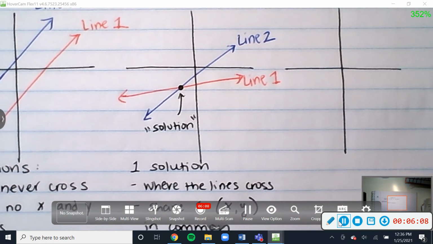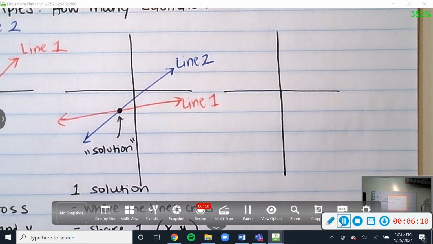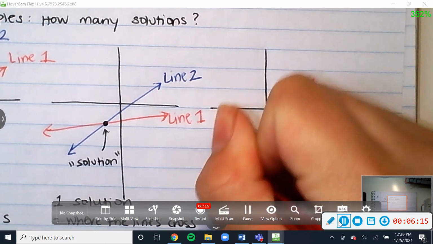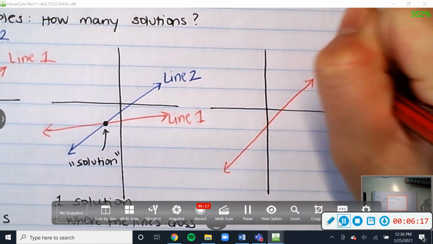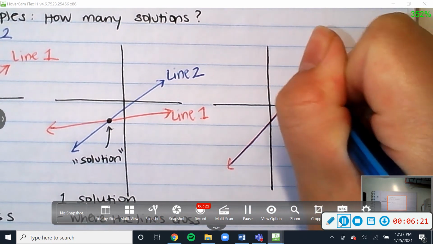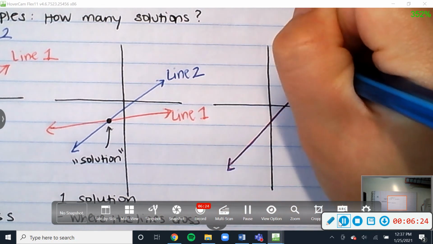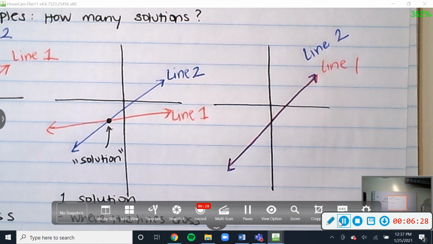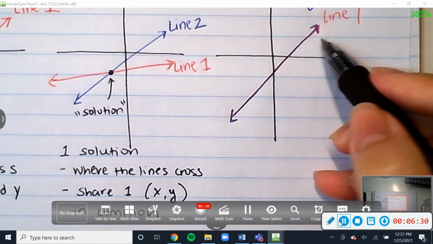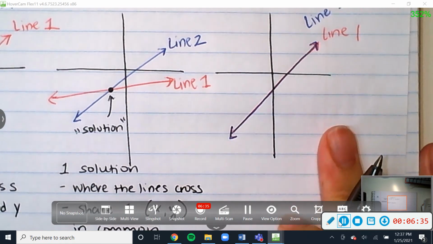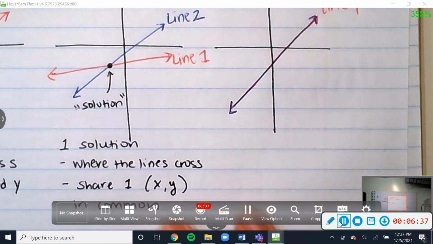All right, the very last example here is we could have a case where this was line 1 and this was line 2. Notice how I'm drawing them right on top of each other? That is intentional, because these lines are stacked right on top of each other. They are the same line, but we graphed it multiple times. So technically, there are multiple equations here.